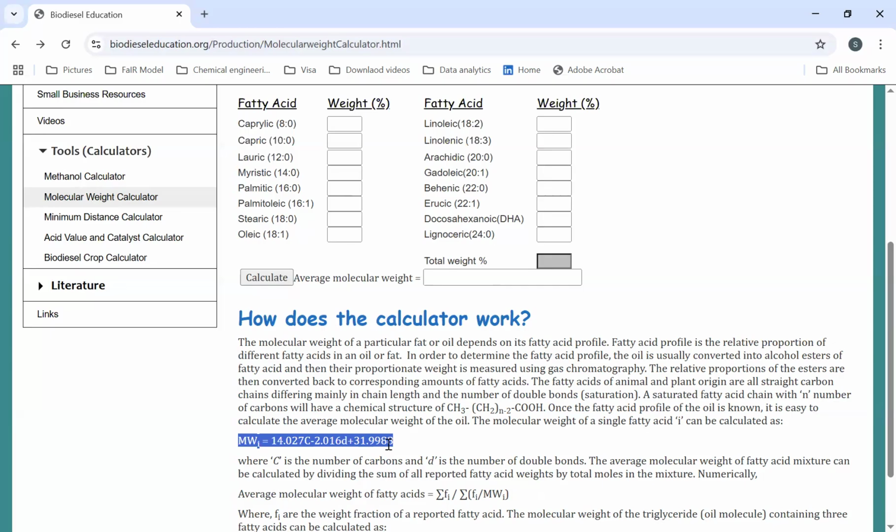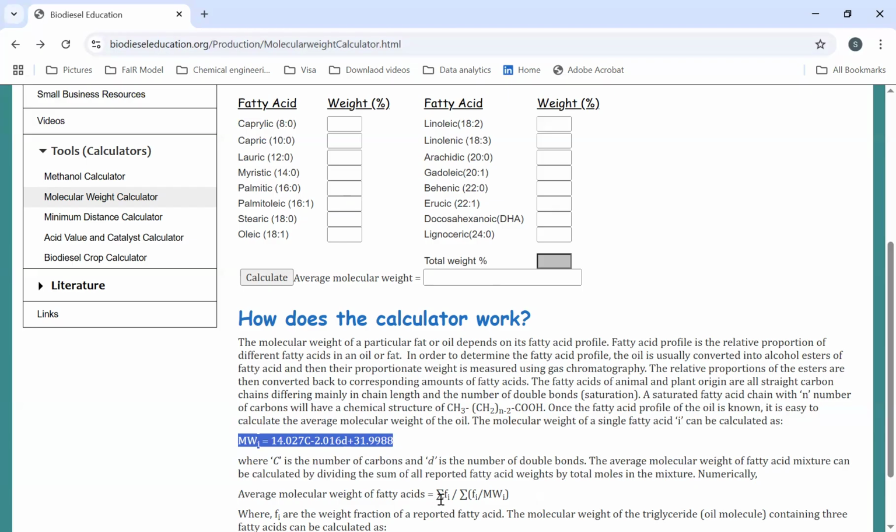In this case, you can get the molecular weight for each individual fatty acid, and then to get the average molecular weight for fatty acids as a total of your sample of oil, you can calculate it based on the summation of each weight fraction of each fatty acid.